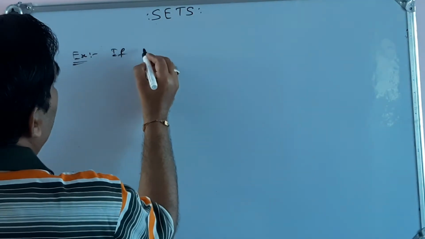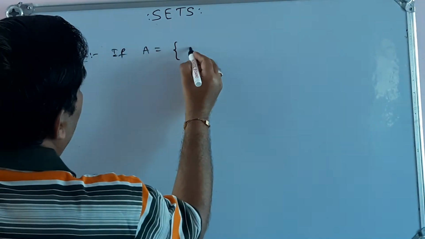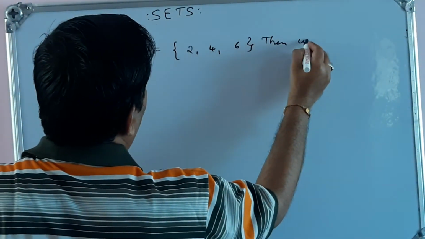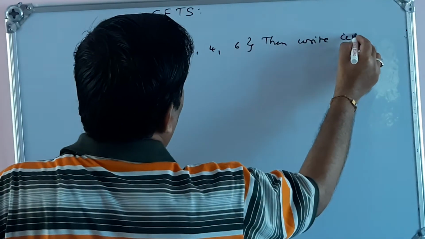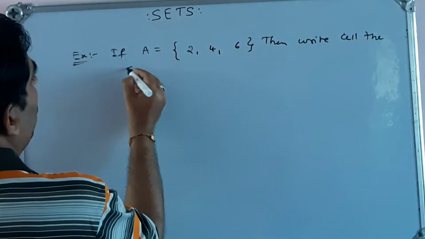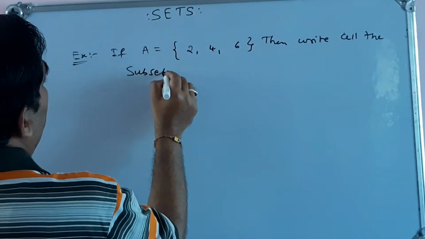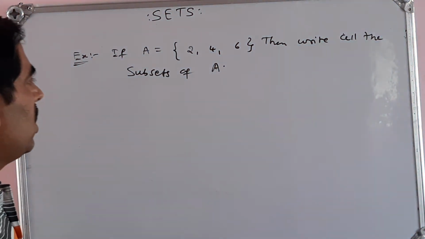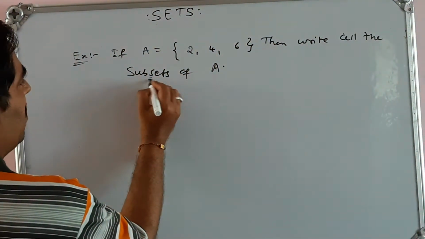Okay, if I take A is equal to 2, 4, 6, then write all the subsets of the set A. See, we know the meaning of subset.